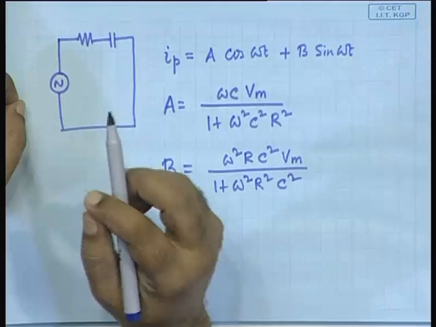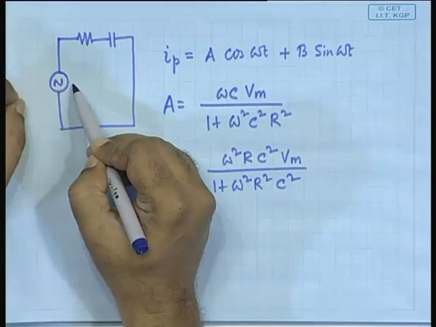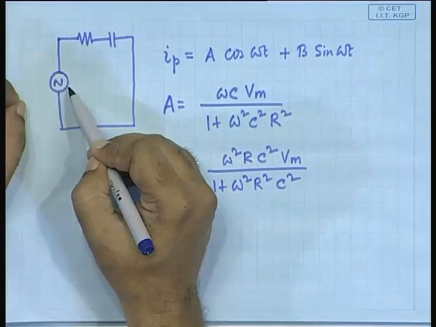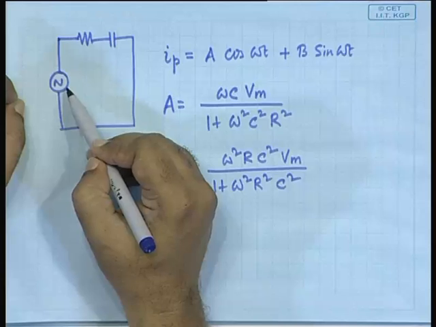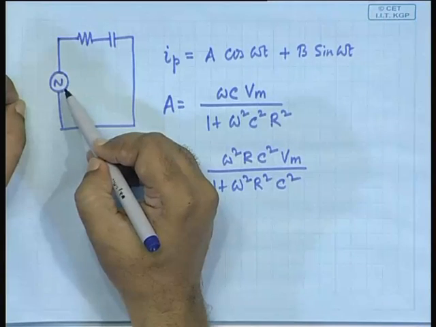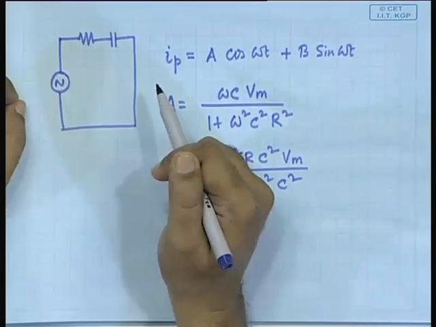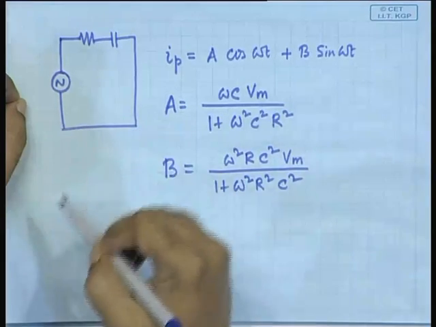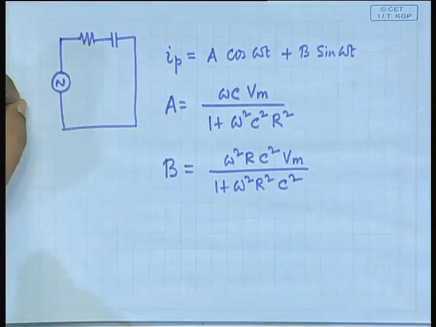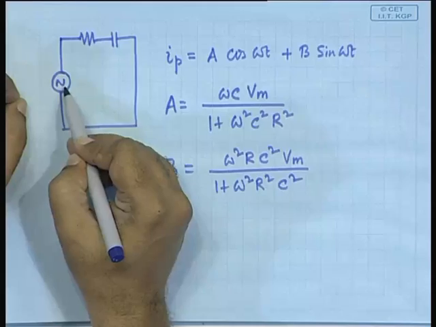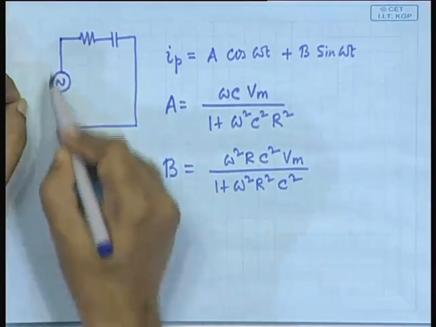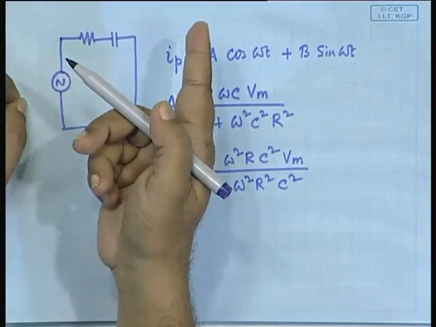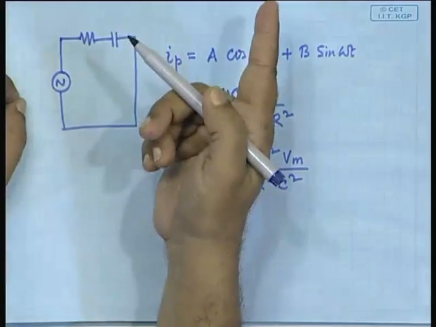Notice, I am telling something that is important. The applied voltage is a sinusoid, so the initial condition depends on the phase. You cannot just say what the applied voltage is. The applied voltage could be 0 if it passes through 0 at the instant of switching on. If the applied voltage initially is 0, then the current is also 0. If it is not 0, then the current is not 0.